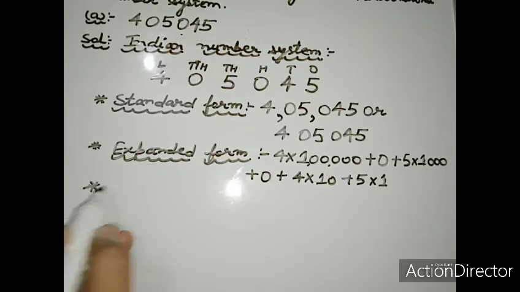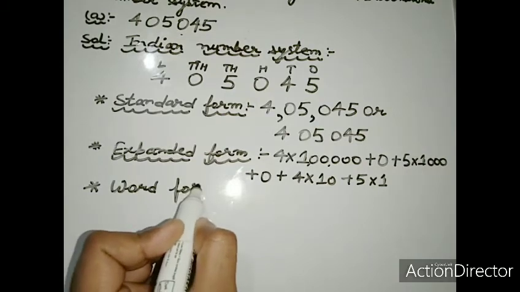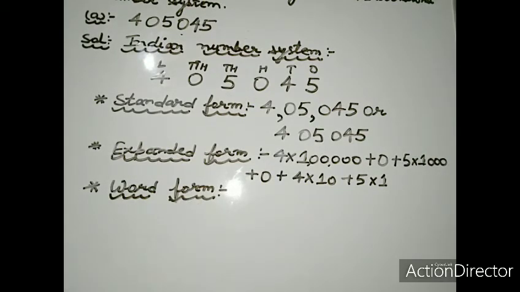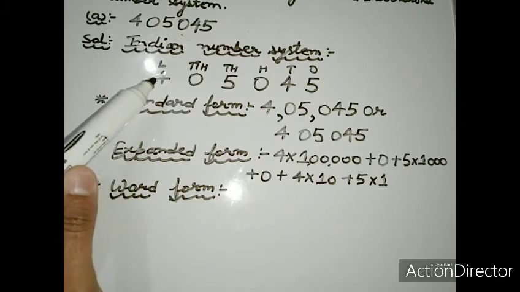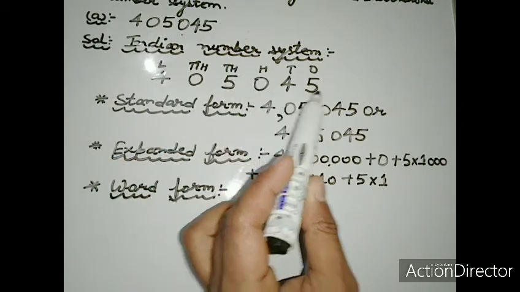Now we write the word form of this number. Here we read out this number according to its places. Like 4 is in the lakh place, so we read this number as 4 lakh 5045.